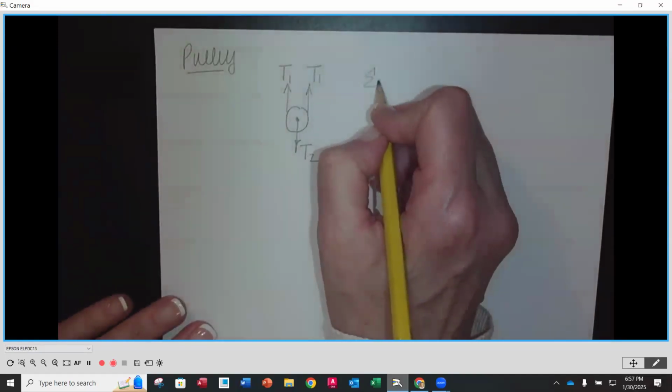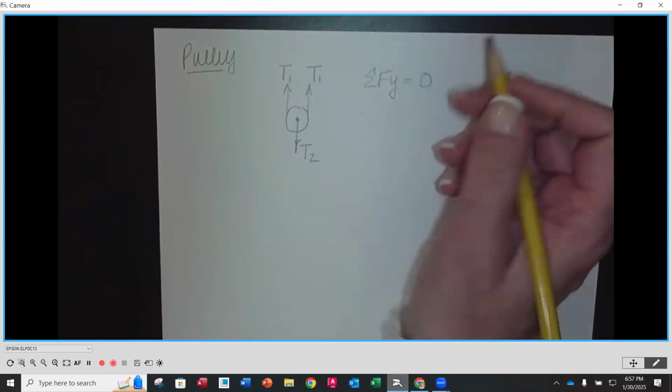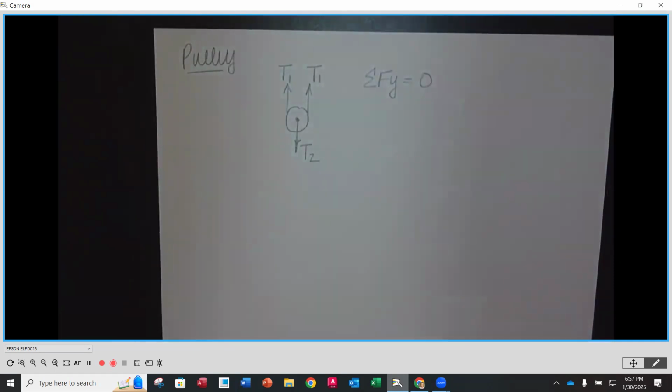So we can say the sum of the forces in the Y here is going to equal 0. They're not part of the blocks that are moving or the masses that we're interested in. I think it may have even said in the problem that the pulley's weight is negligible. So all we're doing is showing the forces that are acting on it.